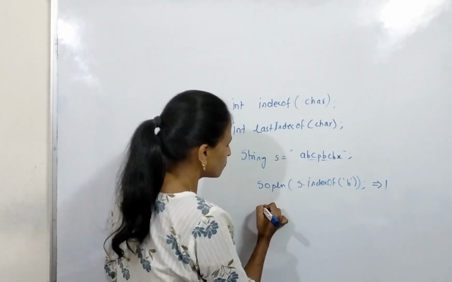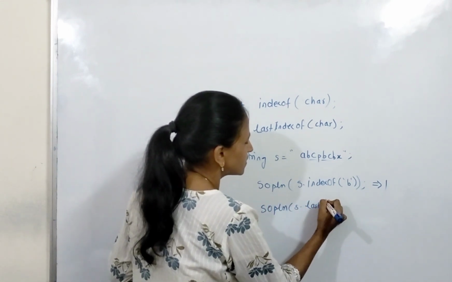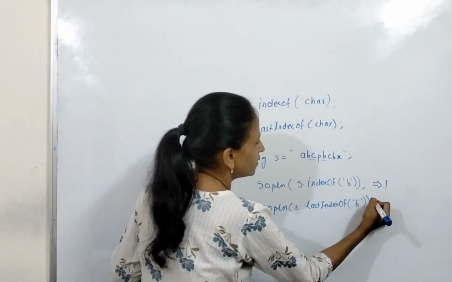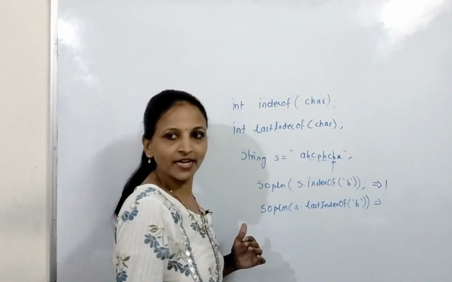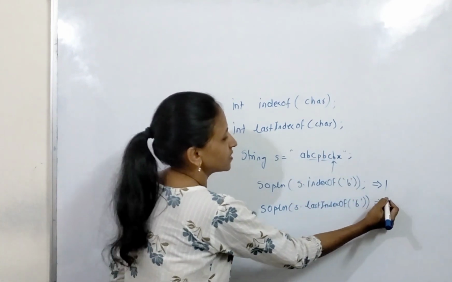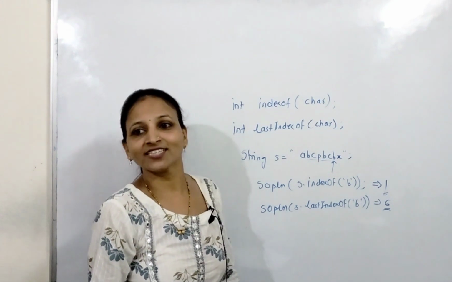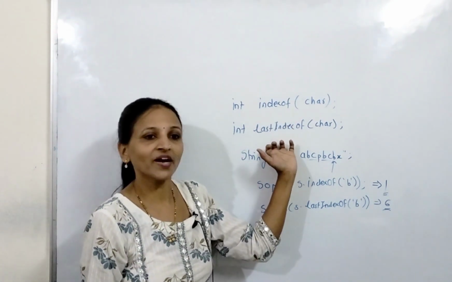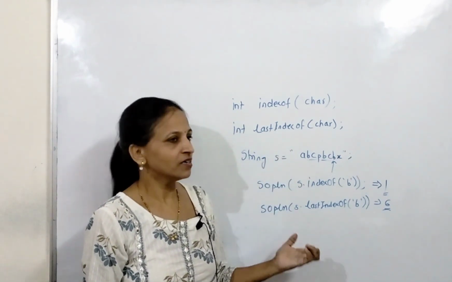Suppose you are using SOPLN S dot lastIndexOf, and here B. Then you will get the index of this B character, counting 0, 1, 2, 3, 4, 5, 6. Any intermediate character's index you cannot check in this way using any inbuilt method. There are only 2 methods present, indexOf and lastIndexOf, to get the index of a particular character from the string.